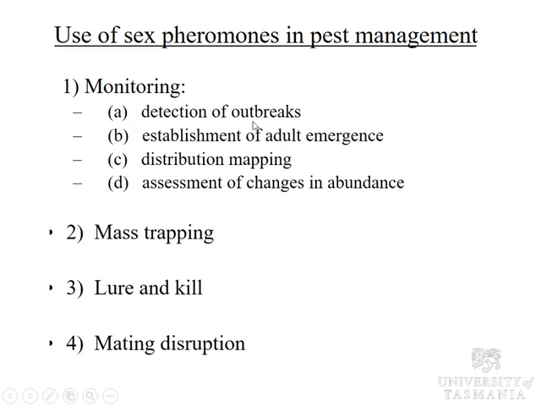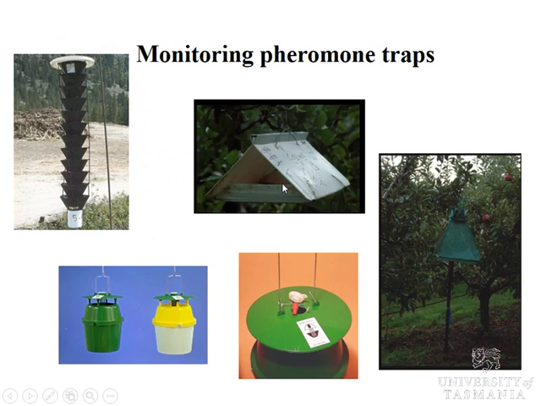If you've got a migratory species, you get the first front, you see that they're coming in, like some of the bollworm species, then you know that you've got something coming on pretty quickly. So all those are used for monitoring, and I'll show you what sort of monitoring devices there are before I go back to this slide.